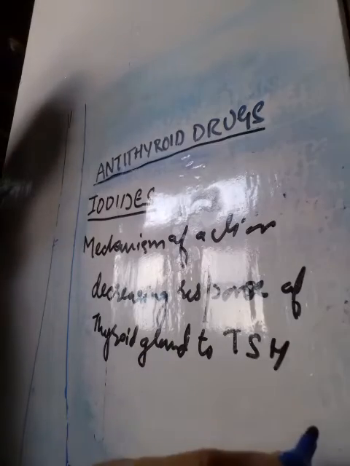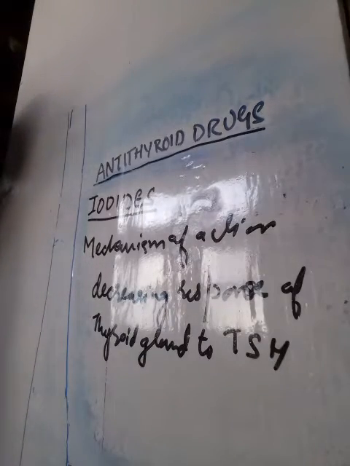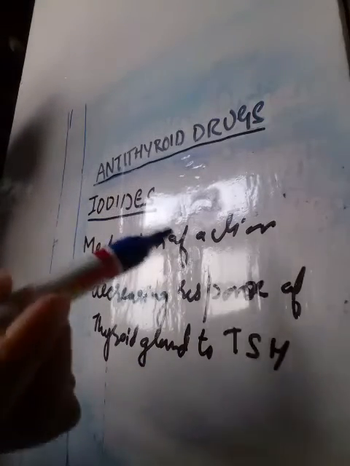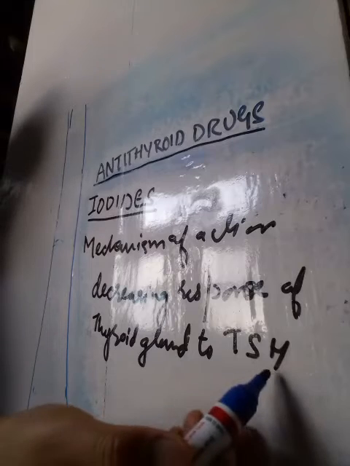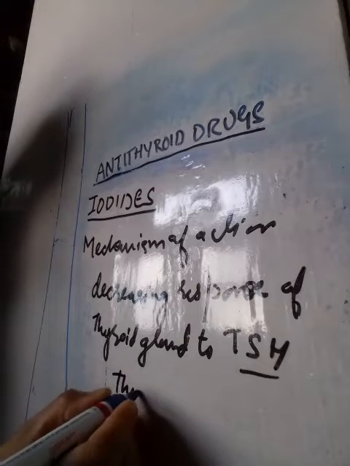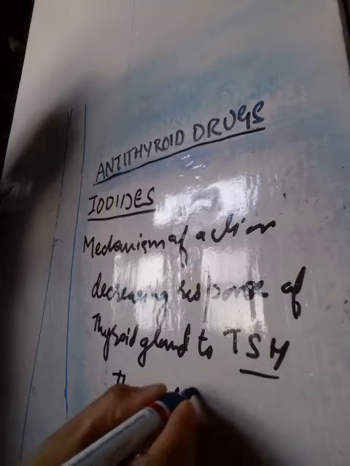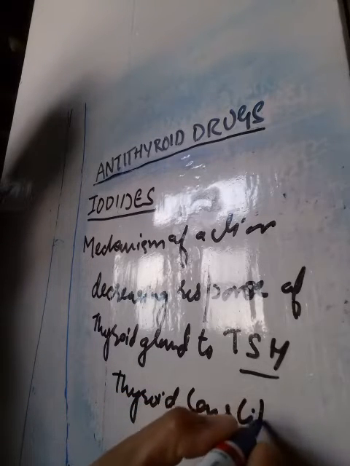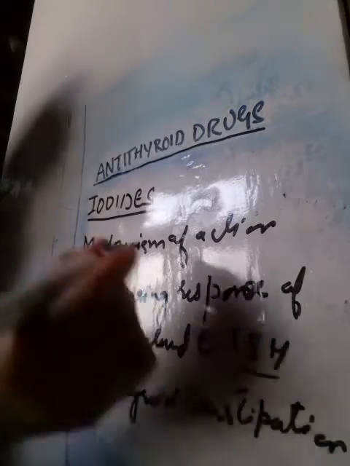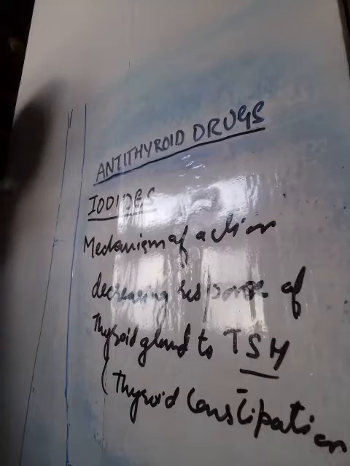TSH is a thyroid stimulating hormone which comes from the pituitary. So these iodides make the thyroid gland not to secrete thyroxine in response to the TSH. And this effect is also known as thyroid constipation. So this was the mechanism of the iodides.